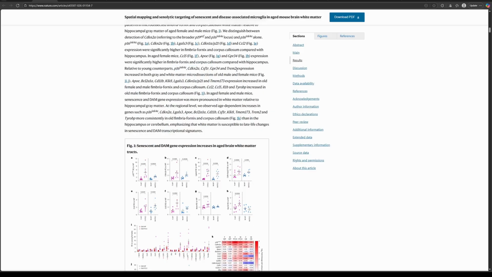I'm assuming TREM is similar to that pathway we looked at before that is that light switch that causes the microglia to turn into the senescence-related microglia.